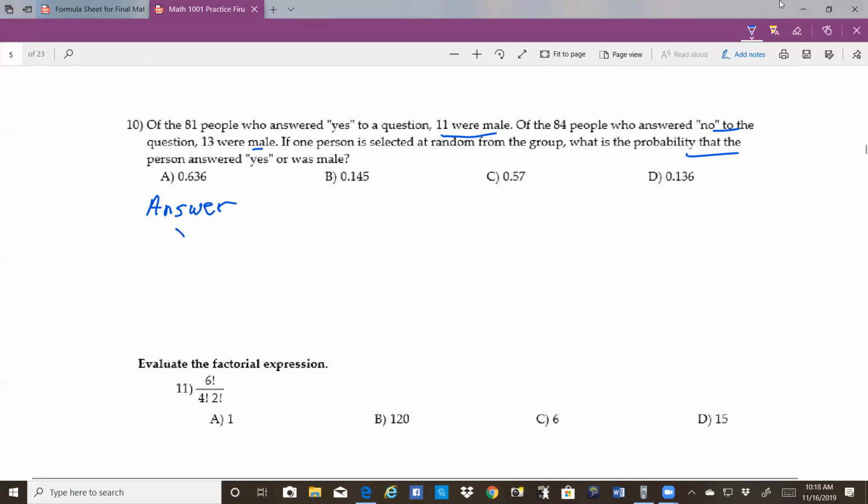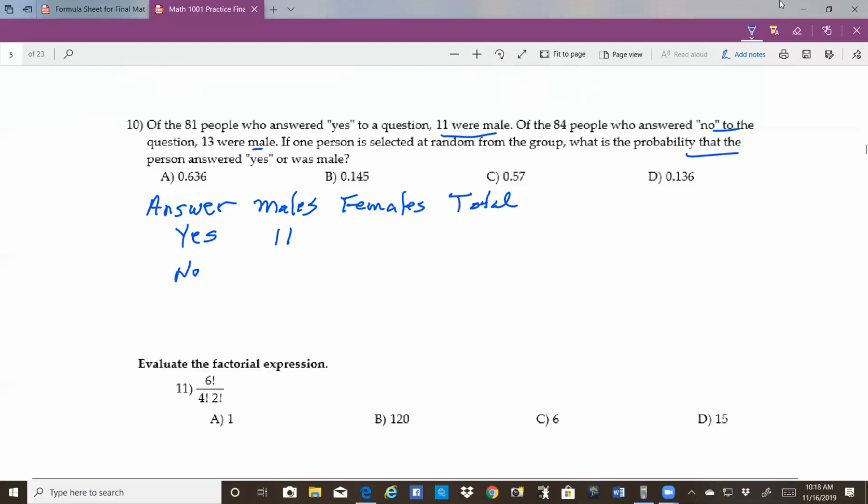We know some answered yes and some answered no. The males that answered yes were 11. And there were females, and then there was a total.